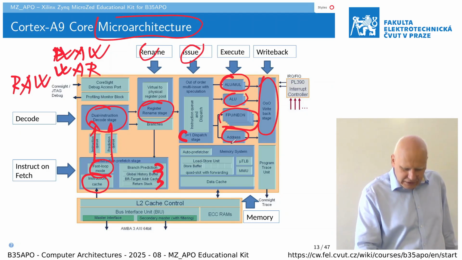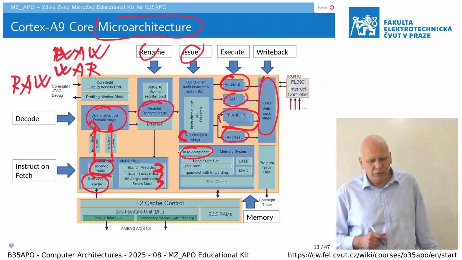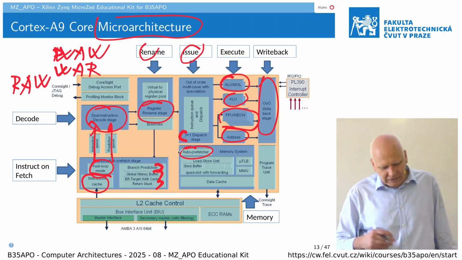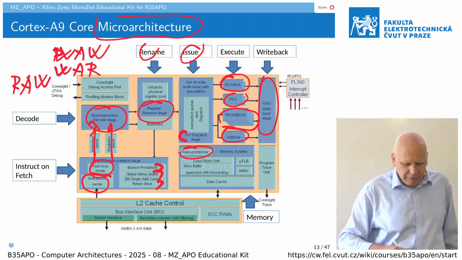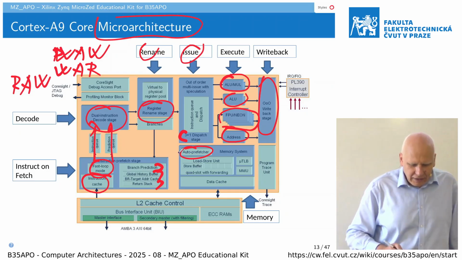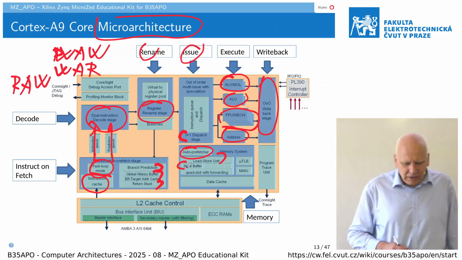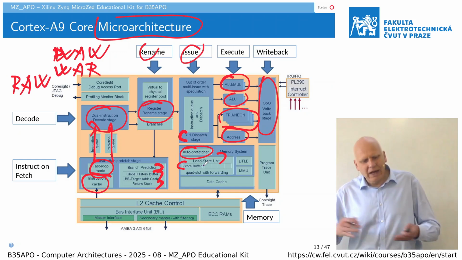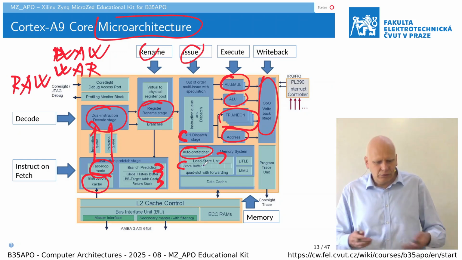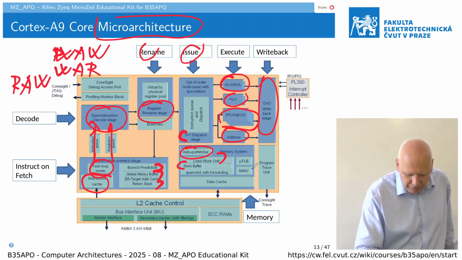If we access data, then there is an automatic prefetcher which allows estimating the next access to the memory and prefetching data in advance. Then there is the load store unit. It has some store buffers which keep the data while other data are read into the cache, and keep the data so that they are later stored to the memory.